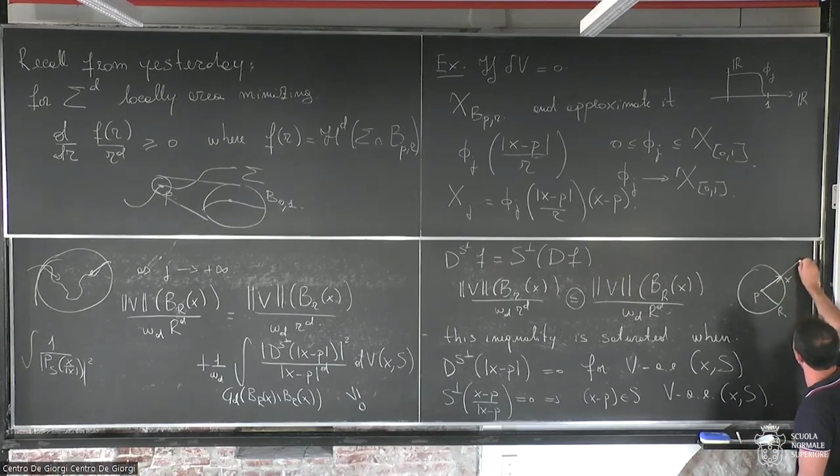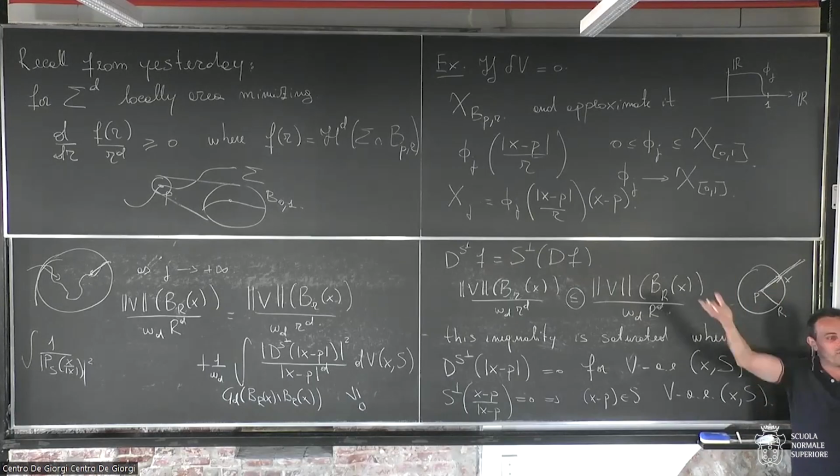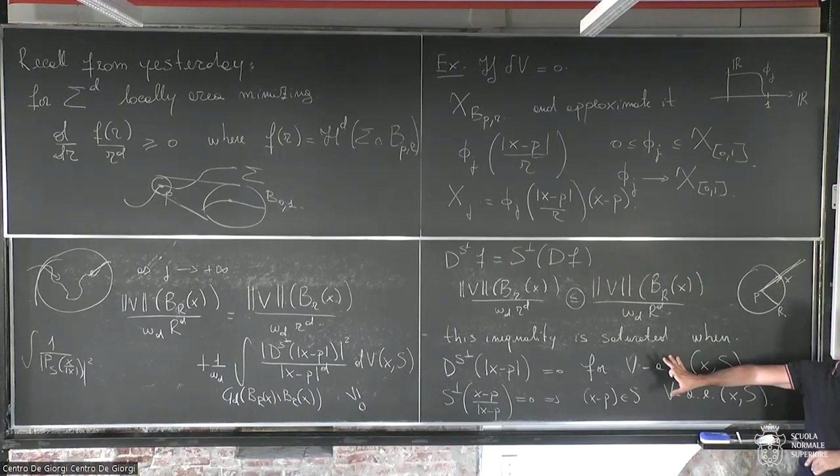So the tangent plane you should imagine kind of this guy. If this is happening at every point x, you are imagining that this becomes a cone. This is not a proof, I will do the formal proof after, but this is just to start having an intuition of what's going on.